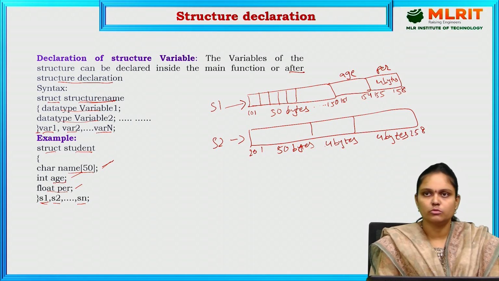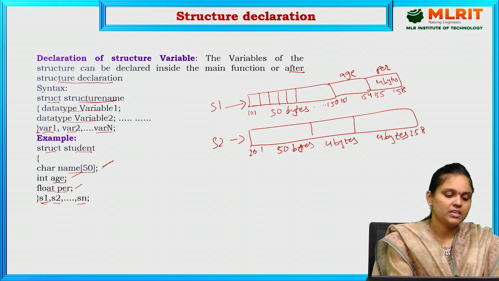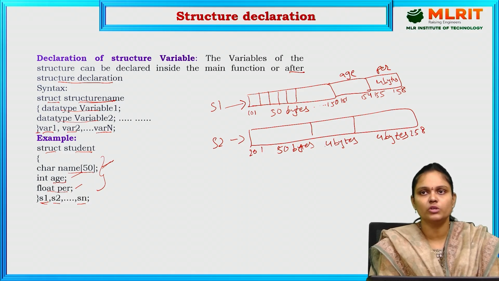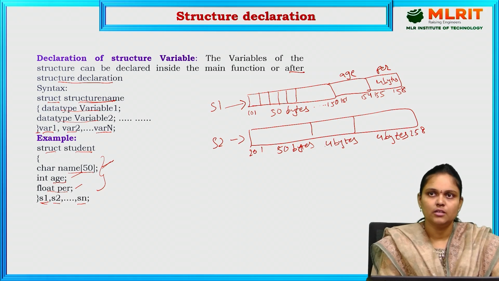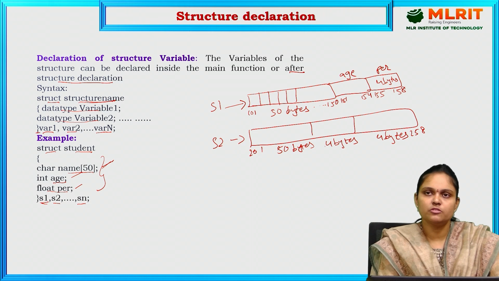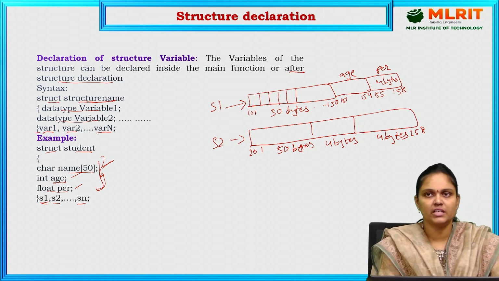So for S2 also the same bytes of memory will get allocated for each and every variable in the structure. So the total memory allocation for a variable is 50 plus 4 plus 4, that is 58 bytes of memory, to store one single student record in the structure concept. Same for S2 also, another 58 bytes of memory will get allocated to store the second student record. If you have declared many variables, then however many variables you have created, that many times memory will get allocated based on the size of the data types.